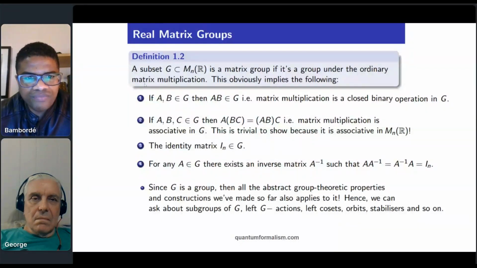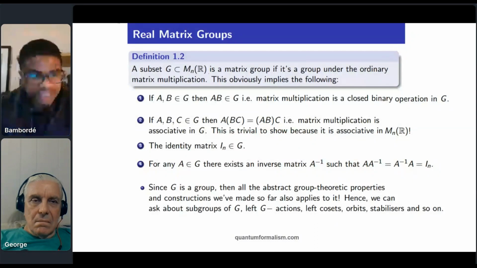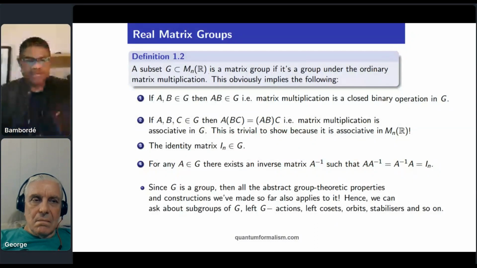Okay, so given a subset G, a proper subset, I'm assuming here, because Mn of R cannot be a group, so it has to be a proper subset. We call a subset of Mn of R a matrix group if it's a group under the ordinary matrix multiplication.